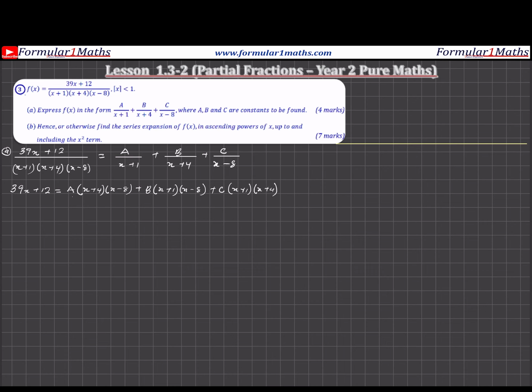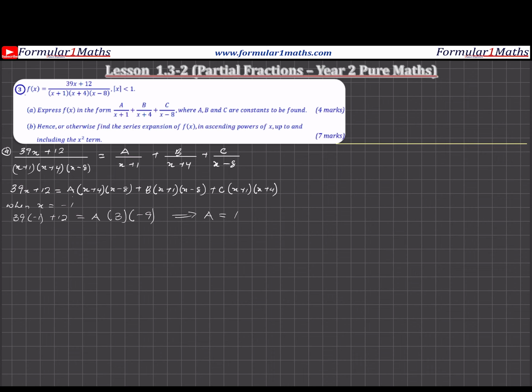So it's now time to do some substitution. So when x is equal to minus 1, I have 39 times minus 1 plus 12 is equal to a brackets 3 times minus 9. If you evaluate for a, you're going to get a is equal to 1.